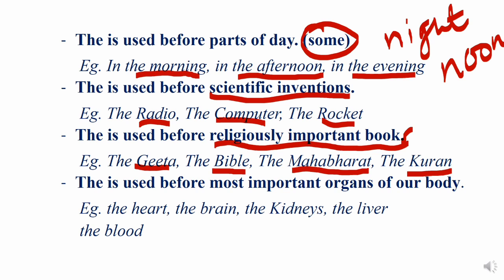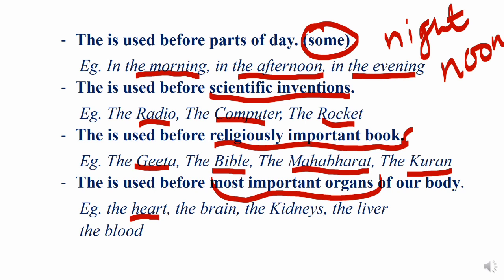Next rule now, the is used before most important organs of our body. Most important organs here means the organs in the absence of which we cannot survive. For example, the heart is a very vital and very important organ of our body, in the absence of which we cannot survive even a second.